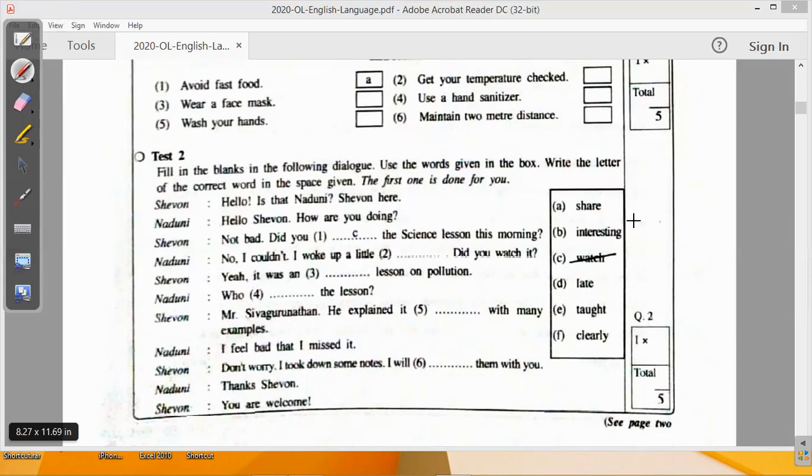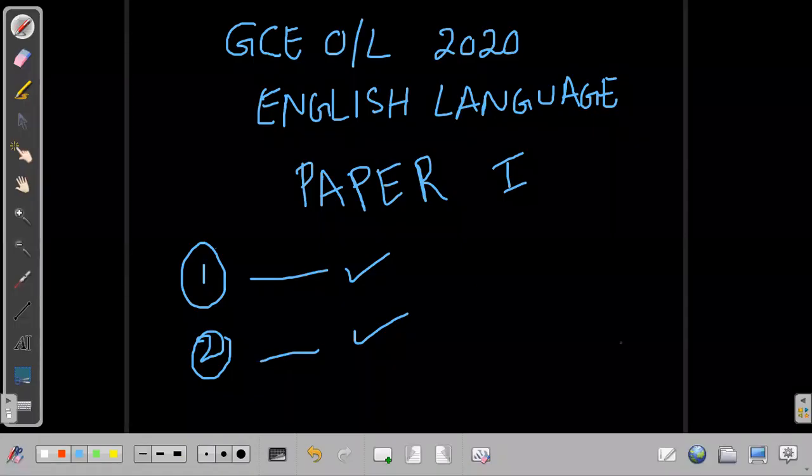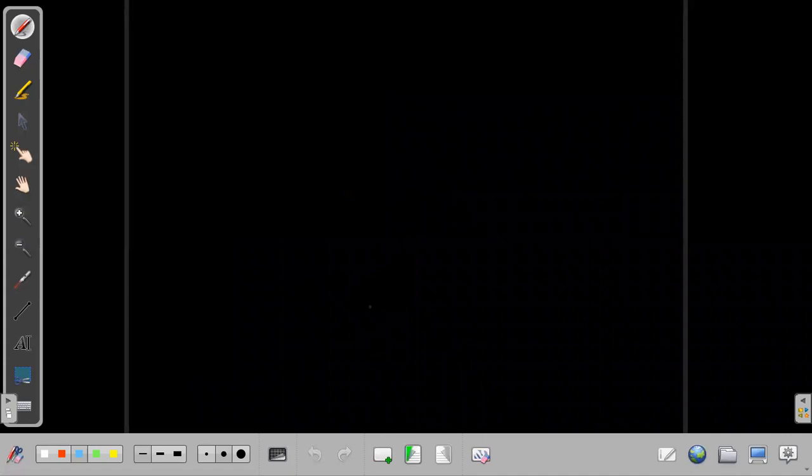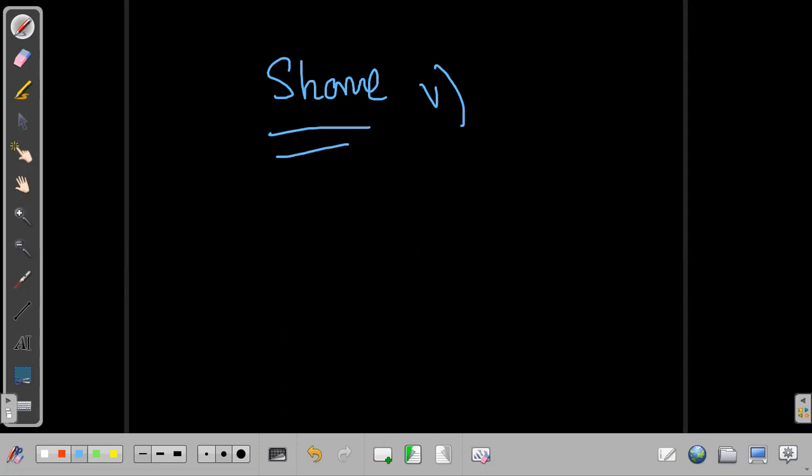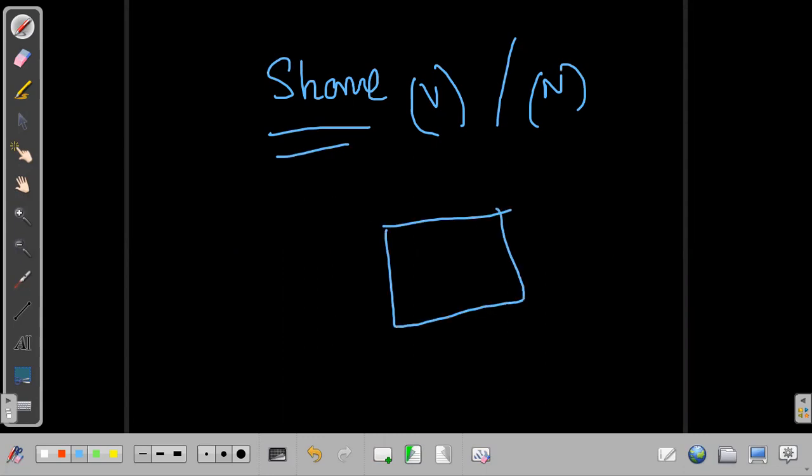kind of let me explain you that, okay? Share, let's go to our sheet and see how we can learn that word share, right? This word can either be a verb or a noun. Share means, let's say, now we have a cake here, okay?